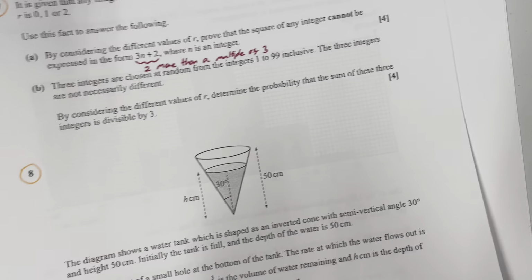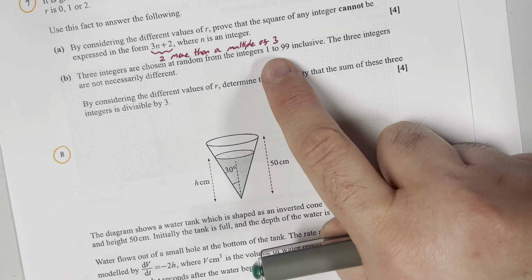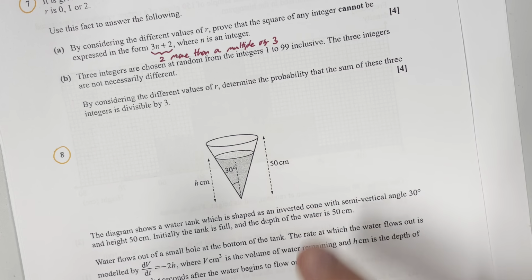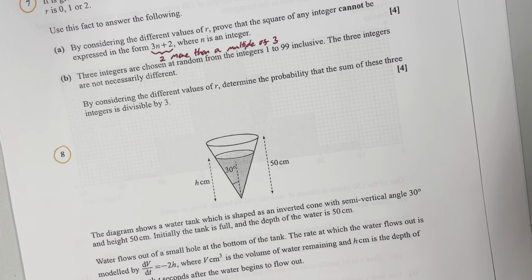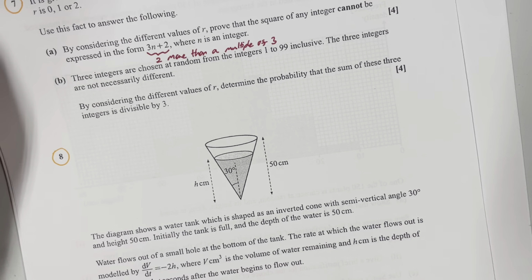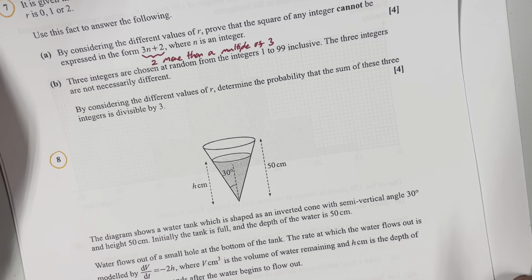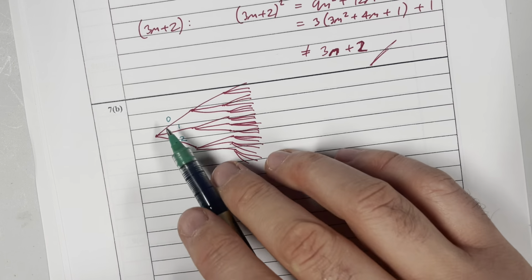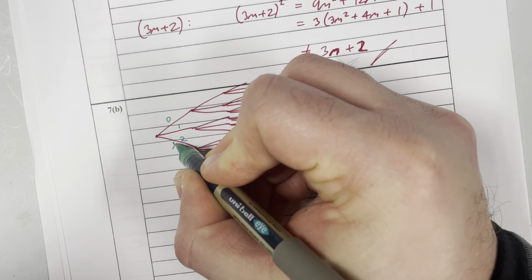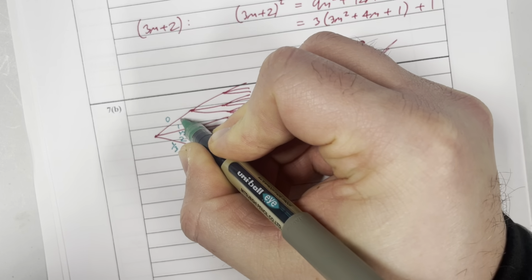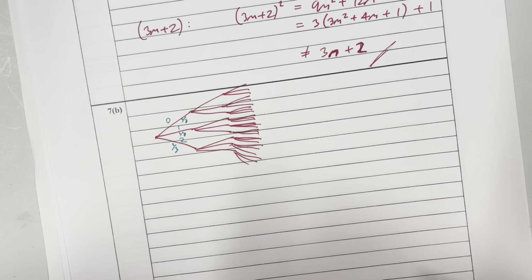Because I'm choosing numbers from 1 to 99, and it's randomly chosen, each number has a 1 in 99 chance of being chosen. Out of those 99 numbers, 33 have an r value of 0, 33 have an r value of 1, and 33 have an r value of 2. So there's exactly a third chance of choosing any of those for the first number.